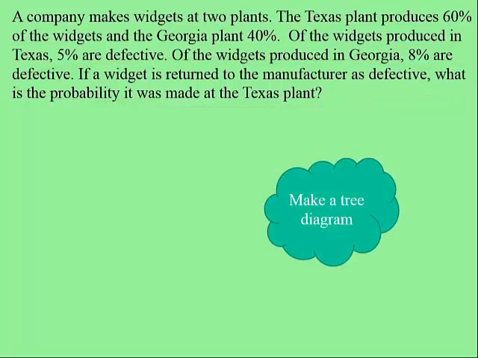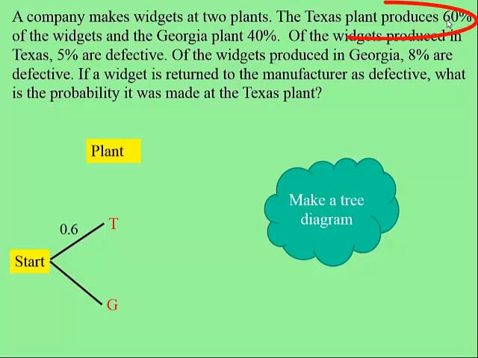And so we're going to start by making us a tree diagram. Here's the tree diagram. In the beginning, the first choice is where it's made. Is it made in Texas or is it made in Georgia? It says 60% are made in Texas and 40% in Georgia.